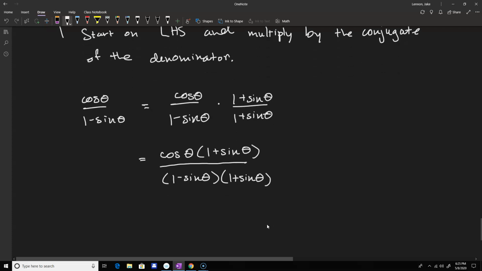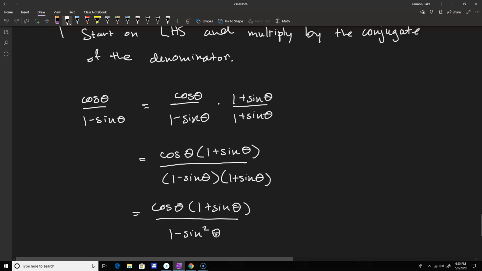And then those things can be combined in the denominator, right? We have the cosine of theta times 1 plus the sine of theta. And the denominator, if you FOIL it out, we get 1 minus the sine squared of theta. So, how does that help us?